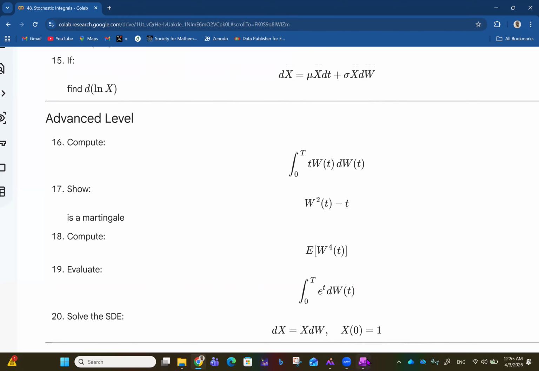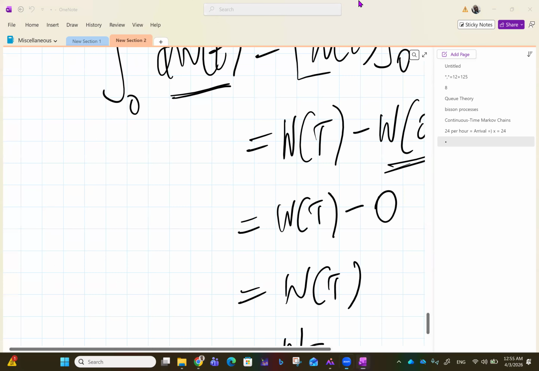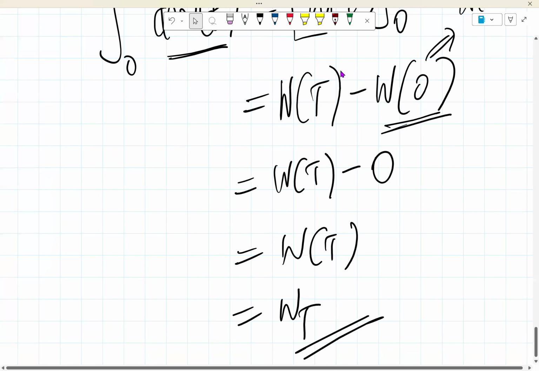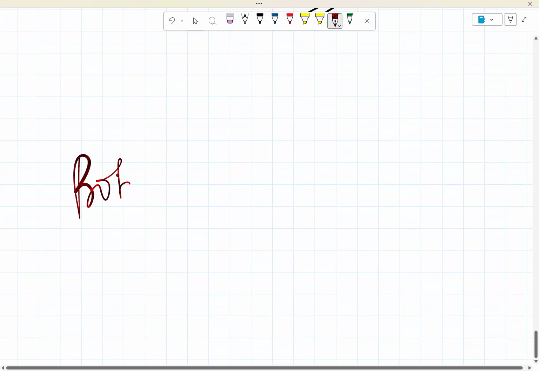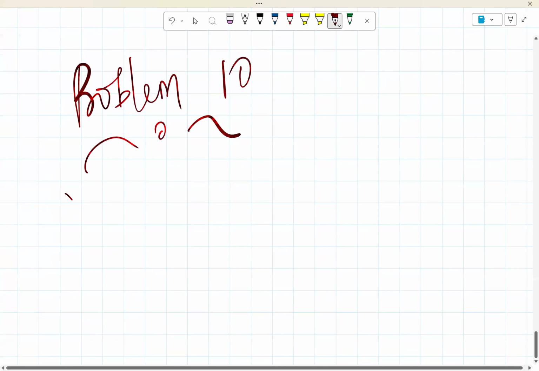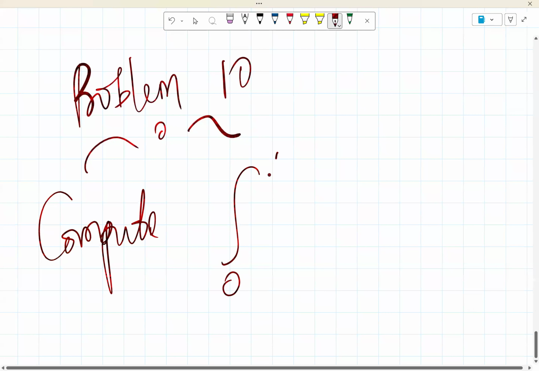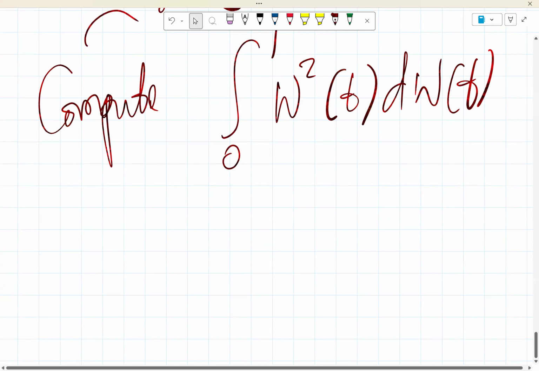So coming to question 10, that's problem 10. For problem 10, we want to compute the integral from 0 to t of w squared of t dw(t). So of course, it makes sense.